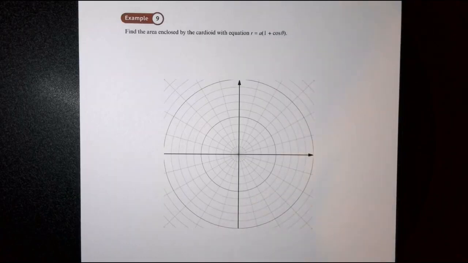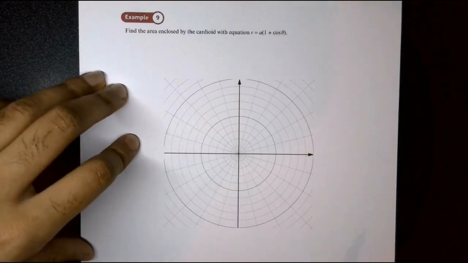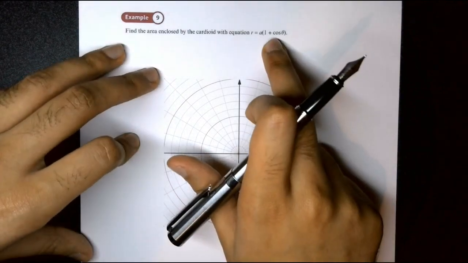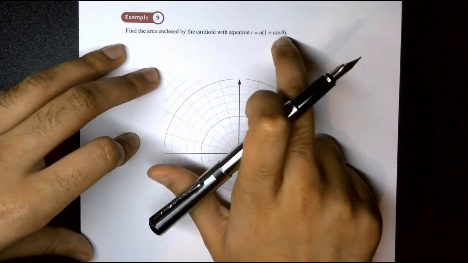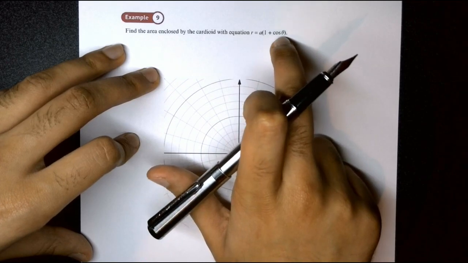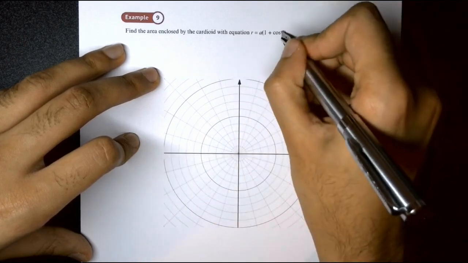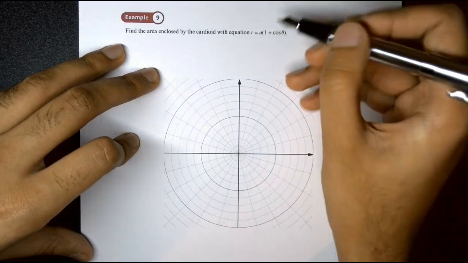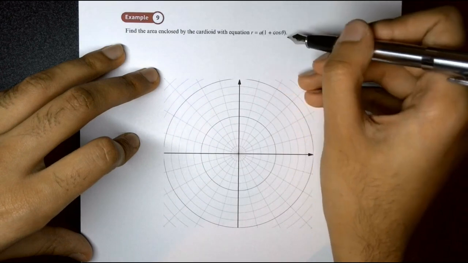Now for example number 9, we have to find the area enclosed by the cardioid with equation r equals a lots of 1 plus cos theta. Now for us to do this, the way we can think about this, and we've already met how to approach sketching curves like this, we need to think to ourselves which values of theta make r positive, and that's theta being in between 0 and 2 pi.